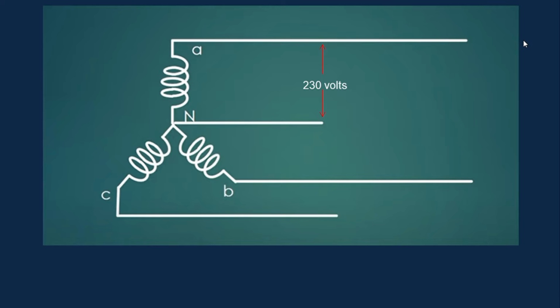If you apply Kirchhoff's voltage law to this circuit, by doing some mathematics, you'll find that the line-to-line voltage is root 3 times the line-to-neutral voltage. So you can write EL, which represents the value of the line voltage, equals root 3 times ELN, which is the line-to-neutral voltage.